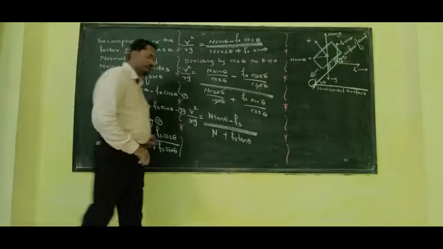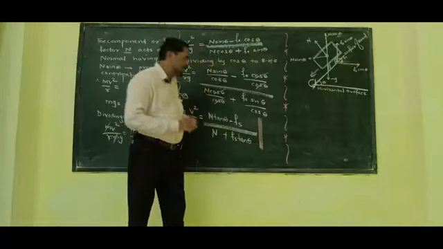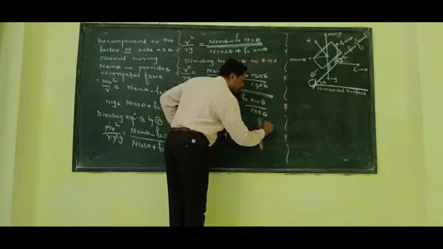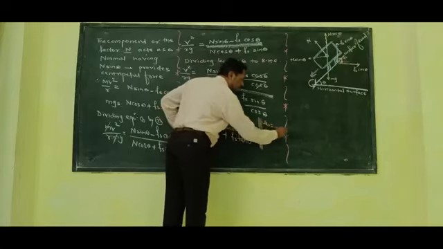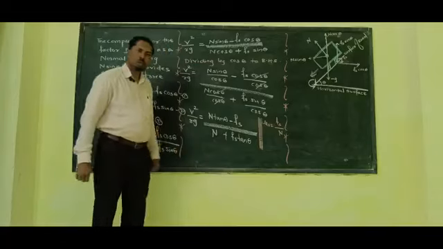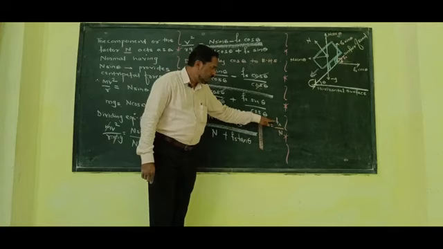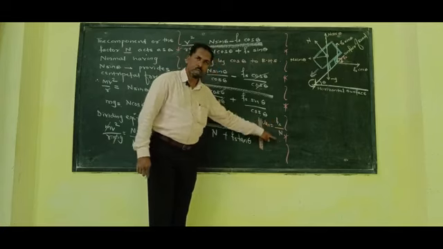We are well familiar that according to the definition of friction, what is static friction here? What do we understand by coefficient of static friction? It is the ratio of limiting force of friction to normal reaction.